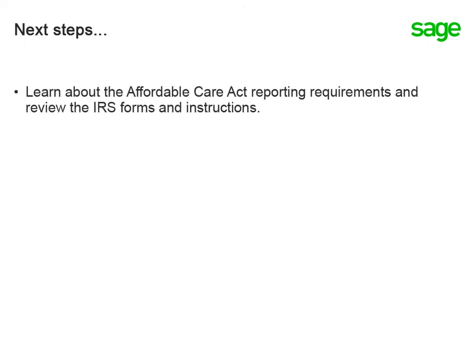There are several things you can do to ensure that you're prepared for the reporting requirements. First, familiarize yourself with the rules and regulations by reading the IRS filing instructions and other documentation related to the employer shared responsibility provision.